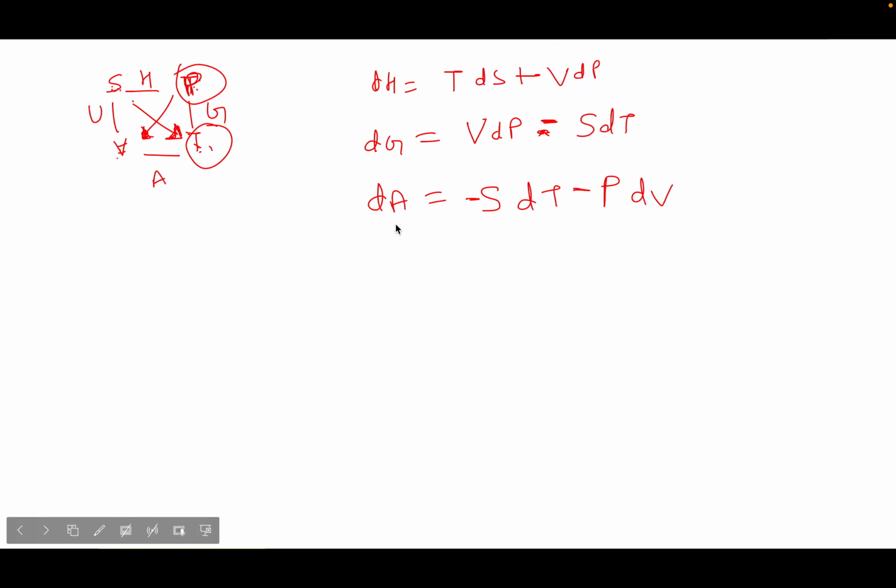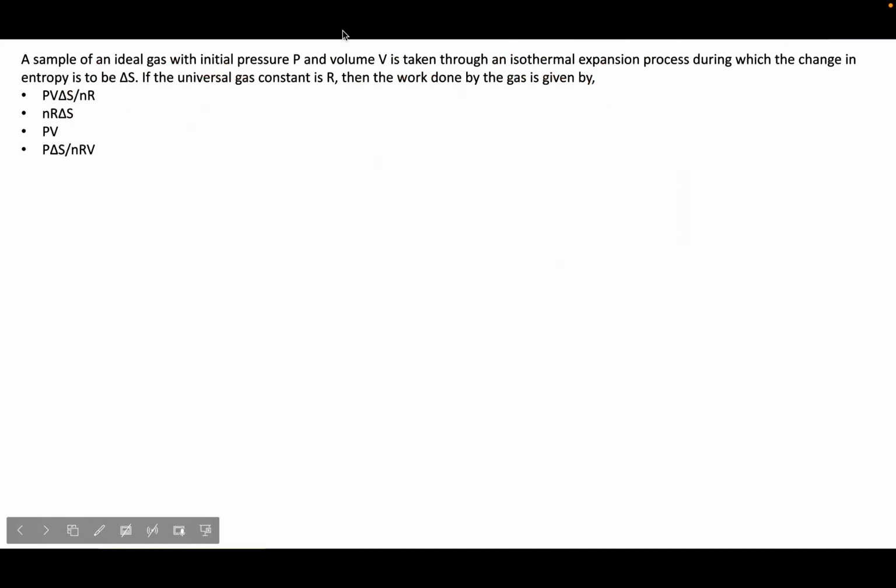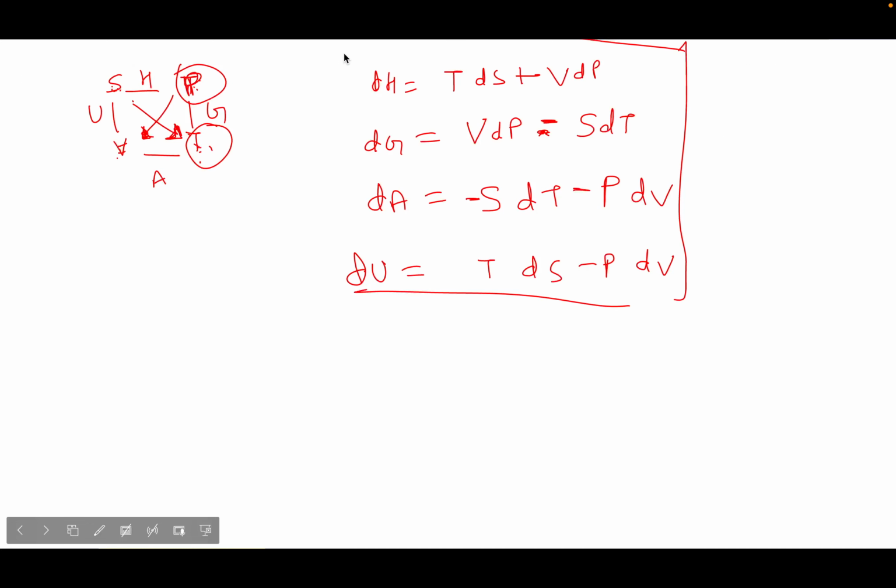Now for dU, it is dS and dV. From S we are going to T and the arrow is towards T, so positive TdS. From V we are going to P and the arrow is not toward P, so it is minus PdV. So dU is equal to TdS minus PdV. Okay, so these are the four equations.